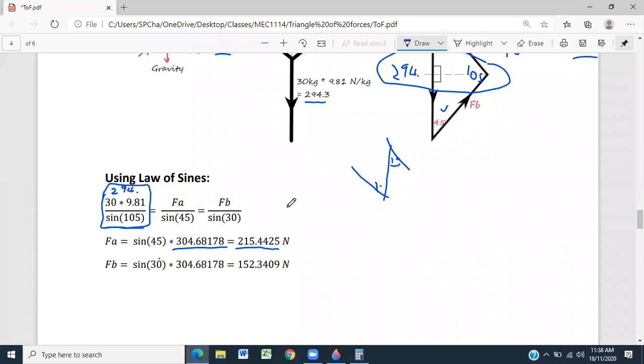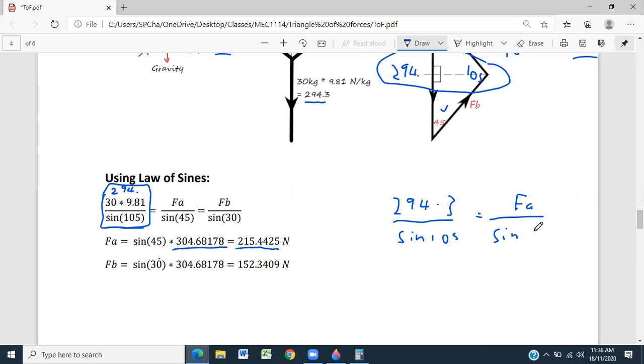So essentially what we're doing is creating two equations: 294.3, which is what this 30 times 9.81 is, over sine 105 is equal to FA, or just A, whatever you want to label it as, over sine of 45.